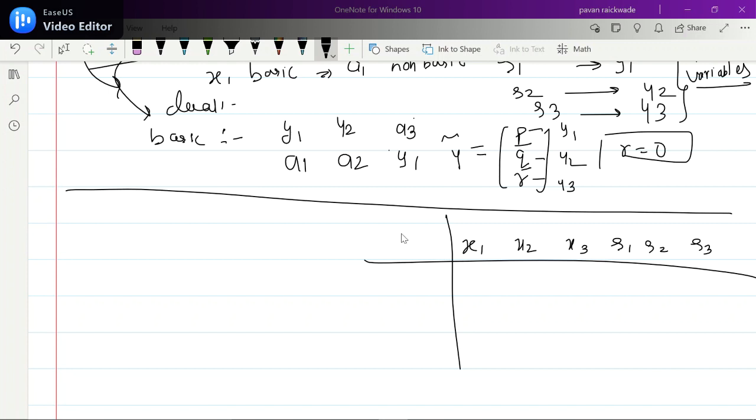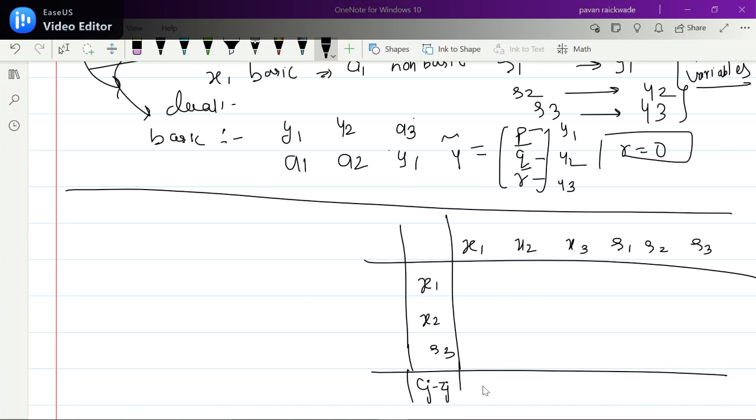So this is the primal simplex table, and our current basic variables are x1, x2 and s3. And then here comes Cj minus Zj. So here it is 0, here 0 and here 0.